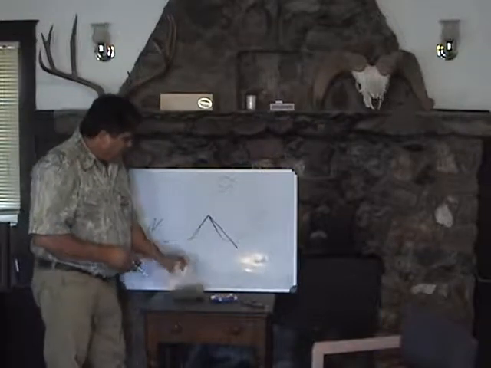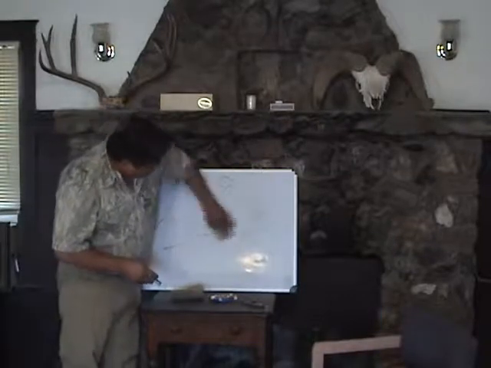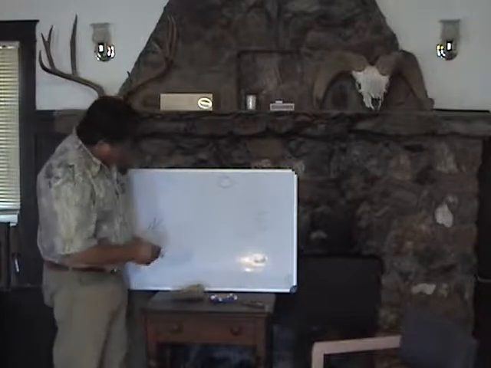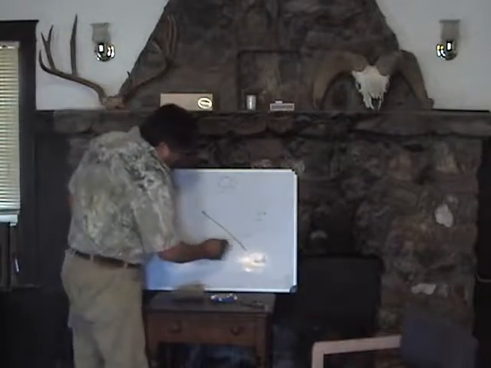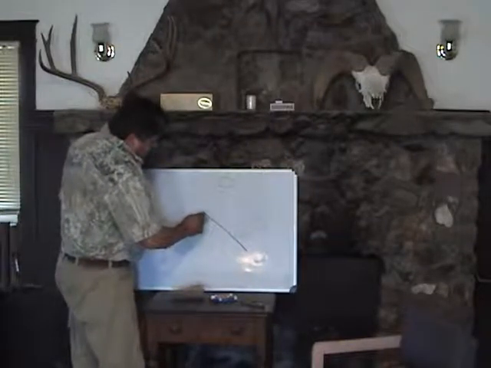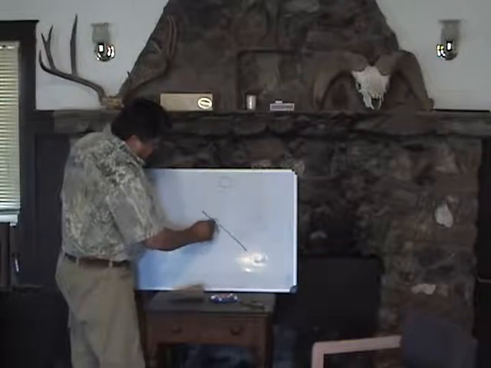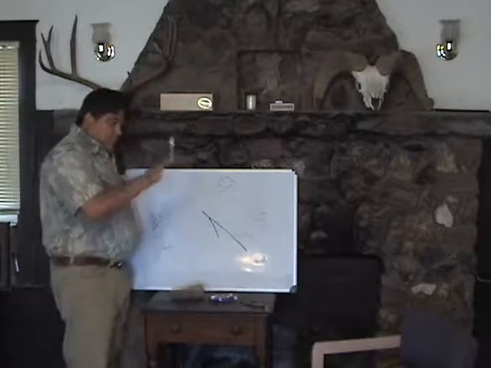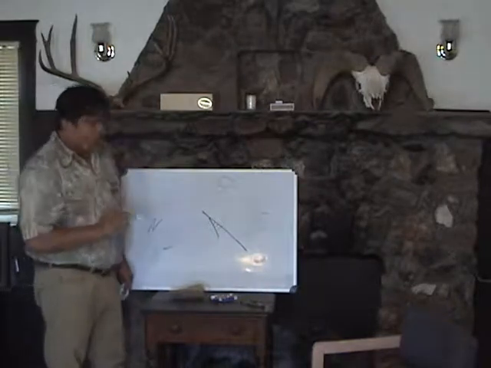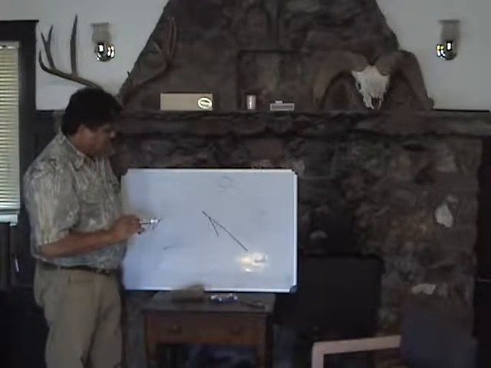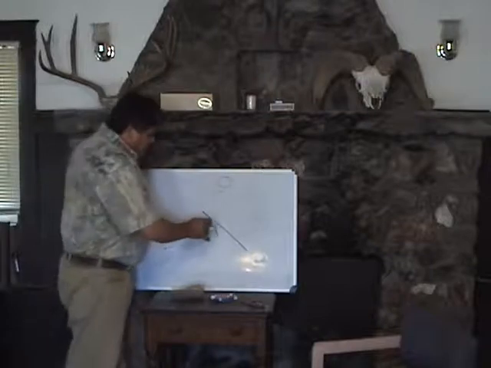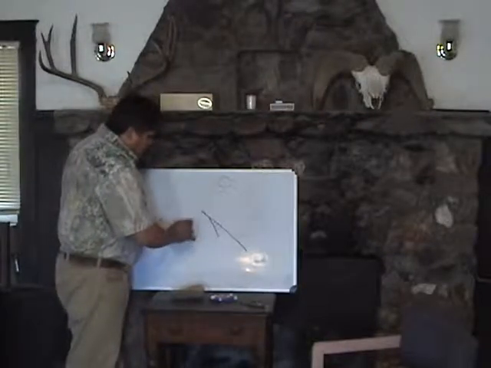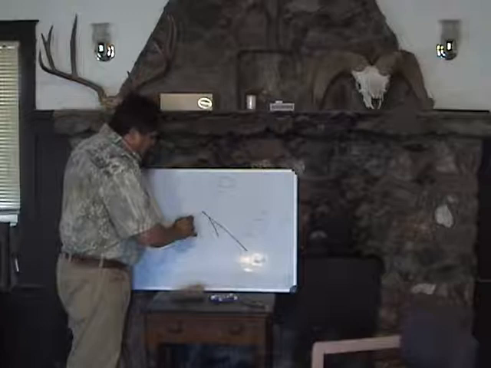You can also get a situation, it's a little difficult to draw, where if you have a south slope here and it starts to cut, you can get feeder canyons back this way that essentially have a north slope.